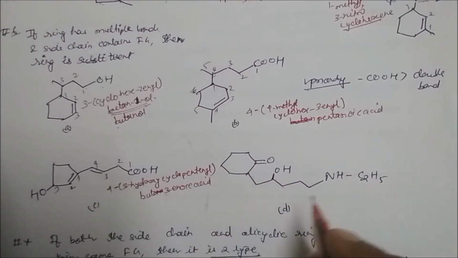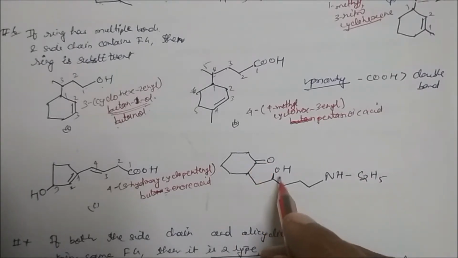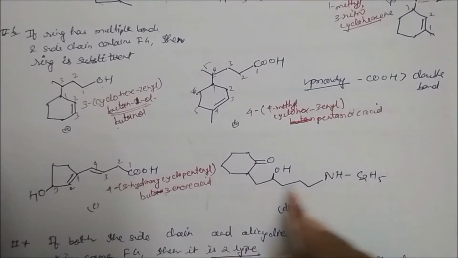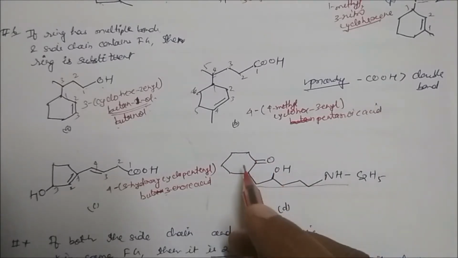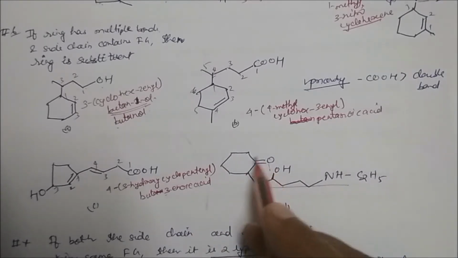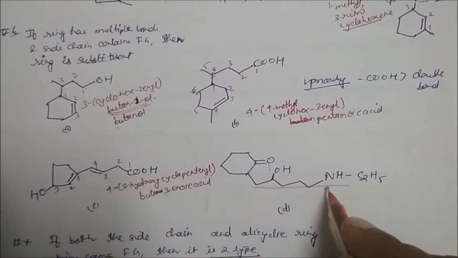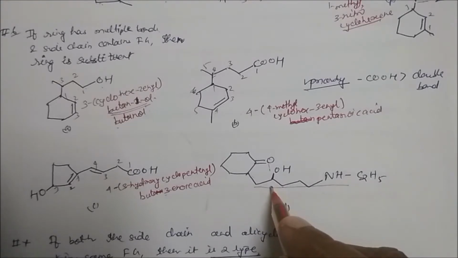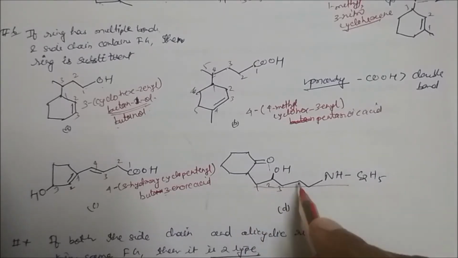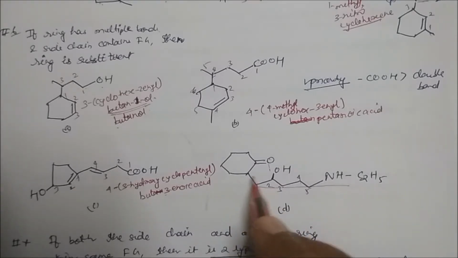Now let us check this one. So the ketone is present over here, right? And the hydroxy group is there, and this amine is there. In that case, this will be acting as a substituent. This is the main functional group, the main hydrocarbon, and the others act as substituents because the ketone is present on the ring. So I think this will be cyclohexanone. We can write 1, 2, 3, 4, and 5. Okay, fine. So again 1 and 2.